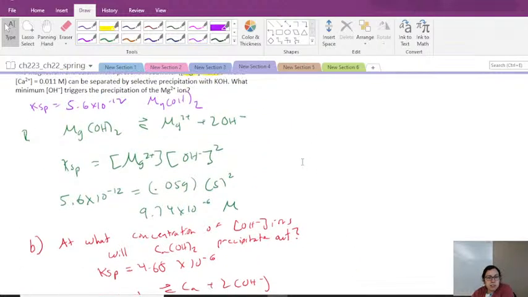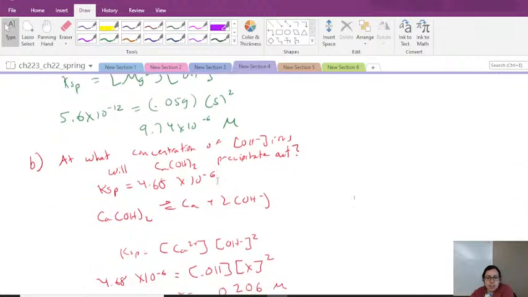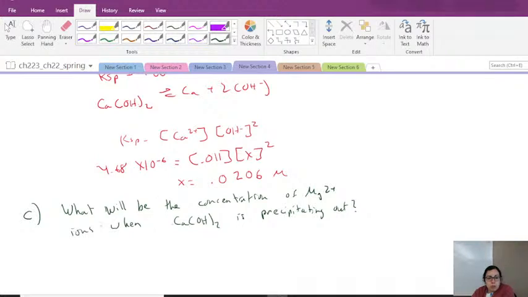All we need to do is refer back to this expression, going back to our KSP of magnesium hydroxide, except we want to solve for our magnesium concentration. We know the hydroxide because we asked, what's the concentration of magnesium when your calcium is precipitating out? This is the hydroxide concentration it takes for calcium to precipitate out, so now we can plug this in for hydroxide.